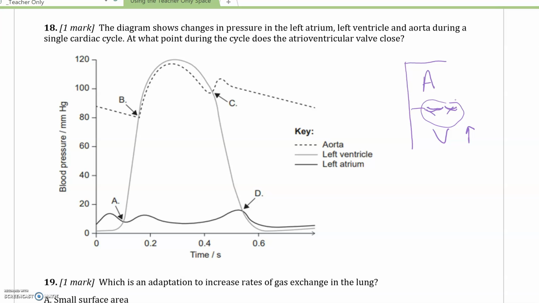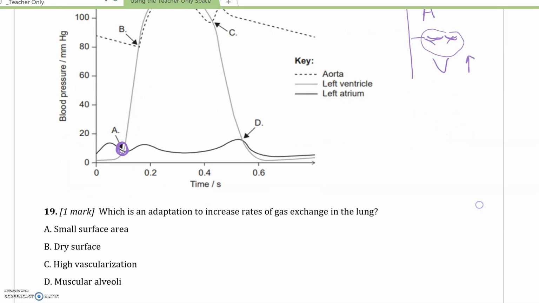If we now have a look here, it's at this point that the pressure in the ventricle is now higher than the pressure in the atrium, and therefore it is at A that this happens. So A is your correct answer.